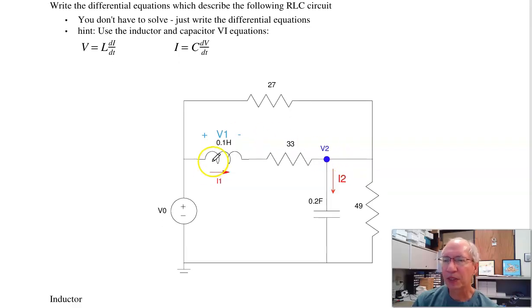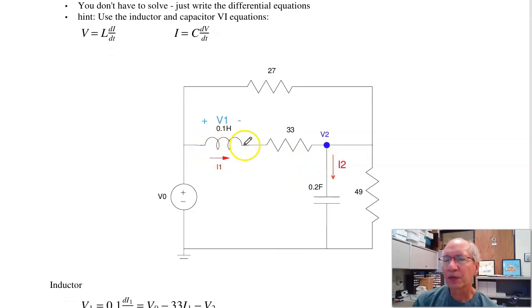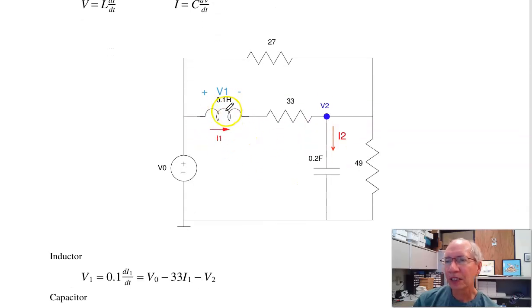Next problem is write the differential equations for this circuit. For the inductor, V is L di dt. So this voltage is 0.1 times the derivative of current. V1 is just V0 minus the voltage right here. That voltage is V2 plus I times R, plus 33 times I1.